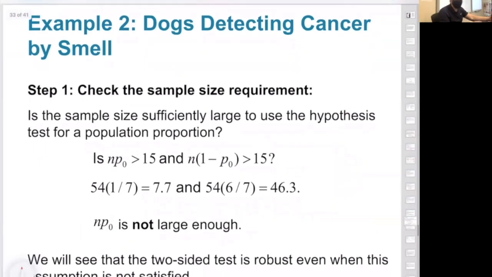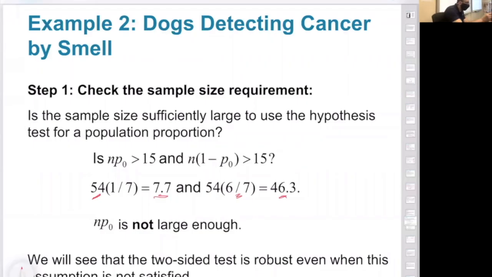So first we have to check what? The assumptions. We need to multiply n times p and see if it's greater than 15 or not, and the same thing for n times 1 minus p, so we will know if we have a large sample. 54 times 1/7 is 7.7. Oh, it's less than 15. And if you multiply by 1 minus p, 6/7, it's 46.3.